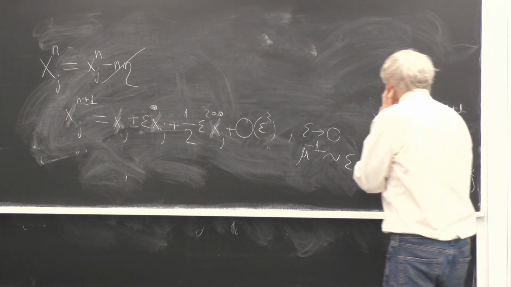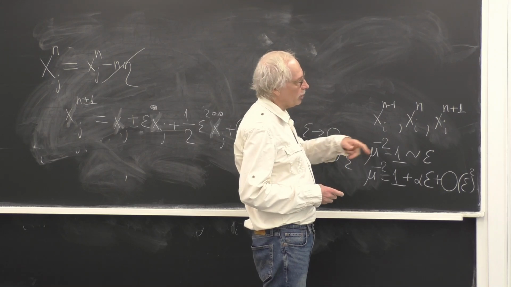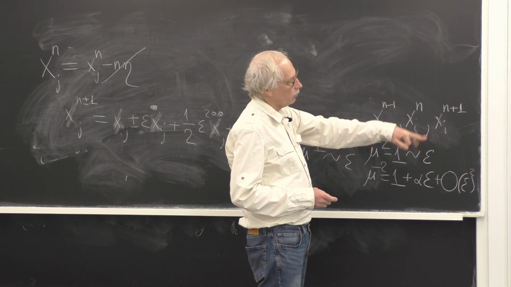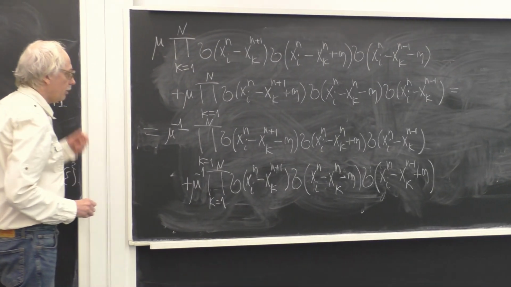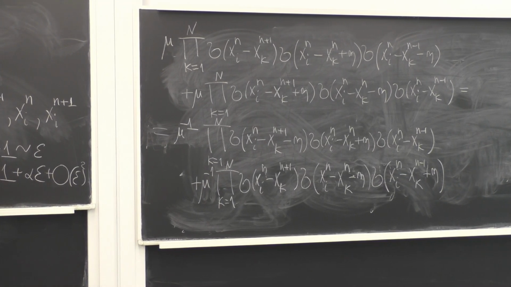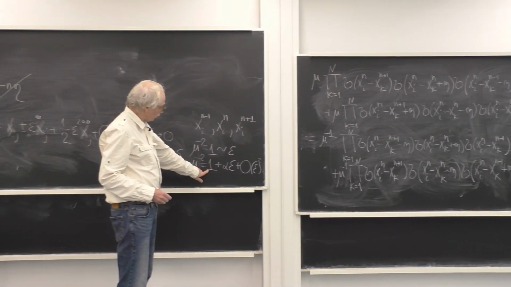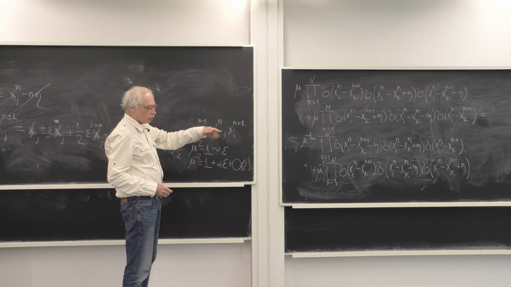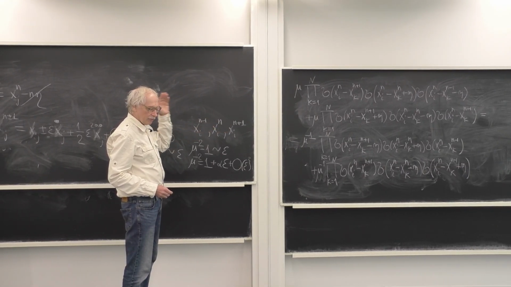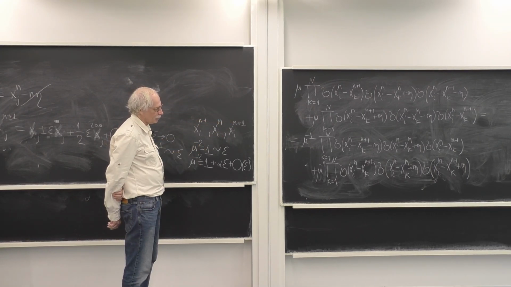Because in the general case, you should expand both sides up to order epsilon. But in this special case, in order epsilon you get an identity. So you should expand further up to epsilon squared terms.